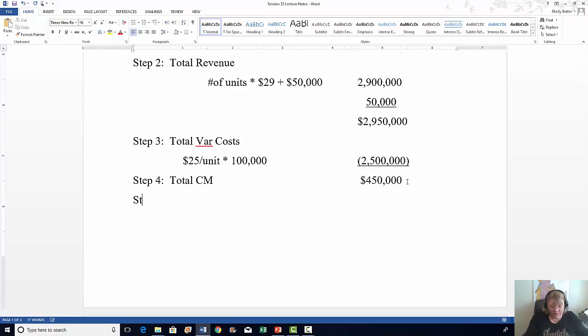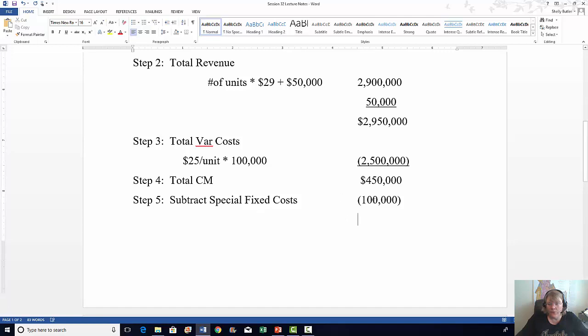And now step 5, we're just going to subtract the special fixed cost. And that was the $100,000 for our oven.